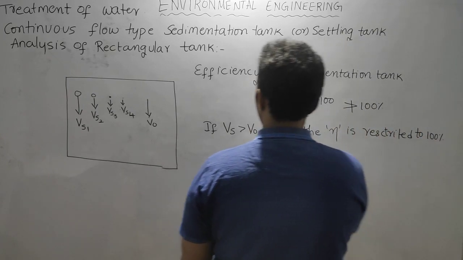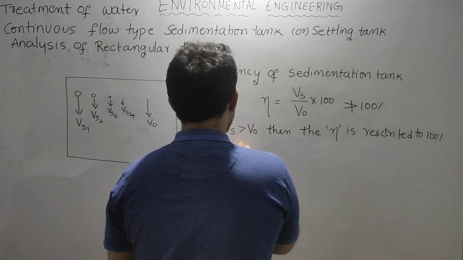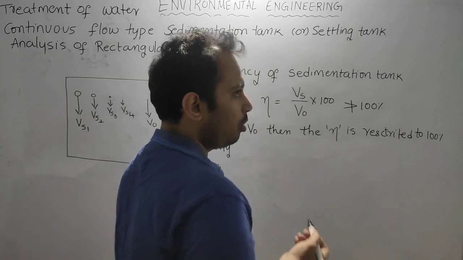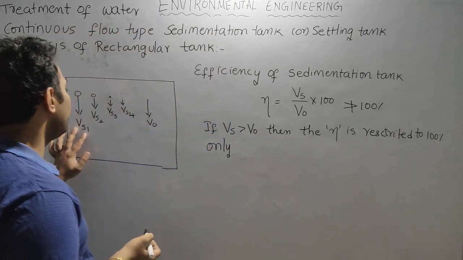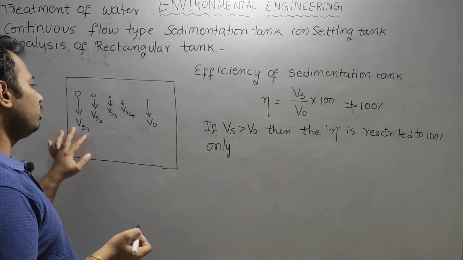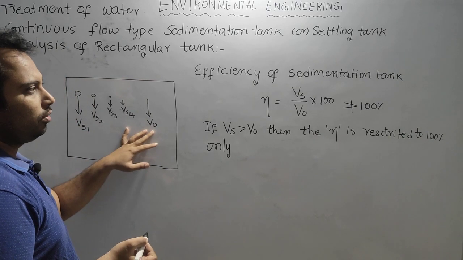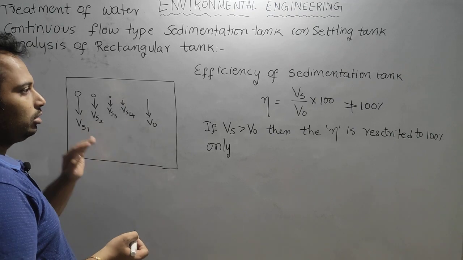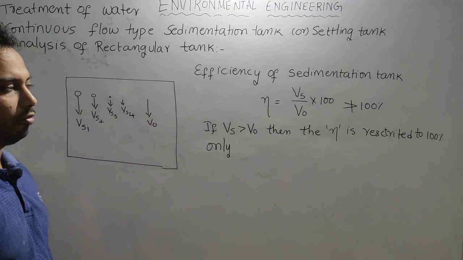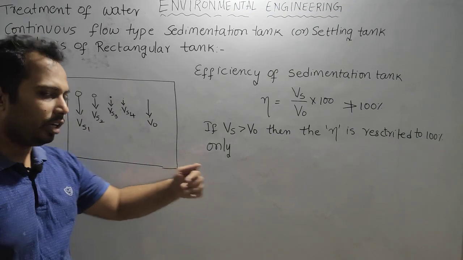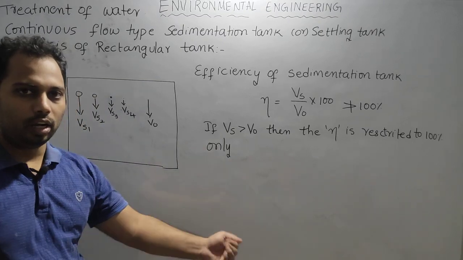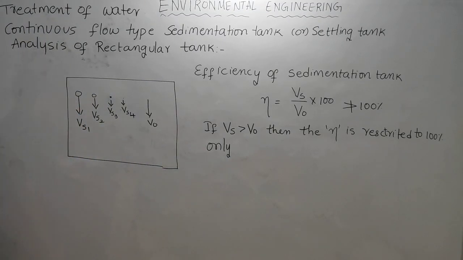When the settling velocity is more, that means when the particle size is larger, the settling velocity may be more than the overflow velocity of the tank. It does not mean its efficiency is more than 100%, but it will settle down early. That is the only thing that happens.